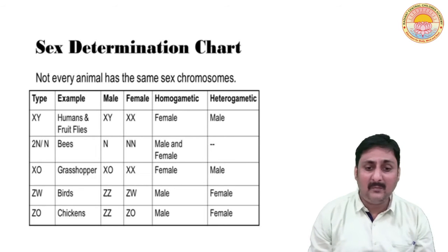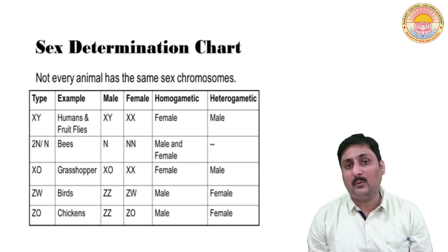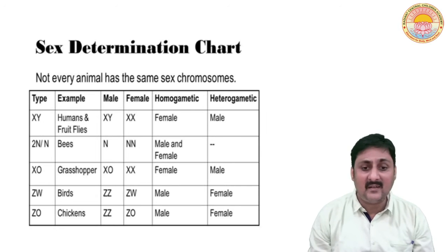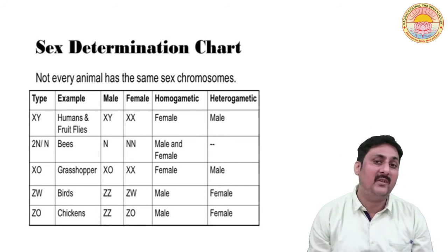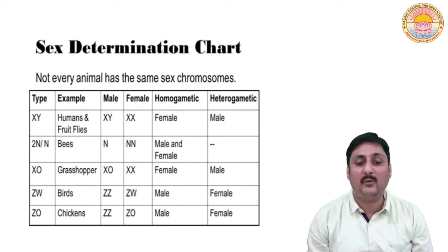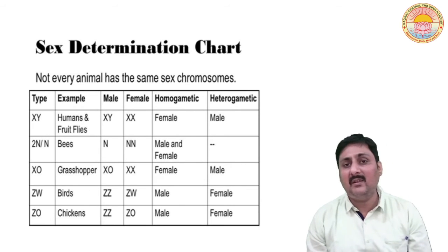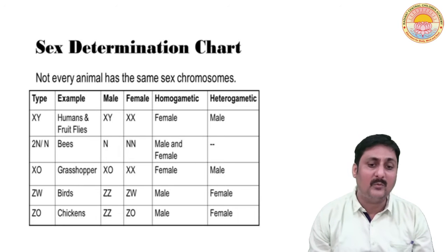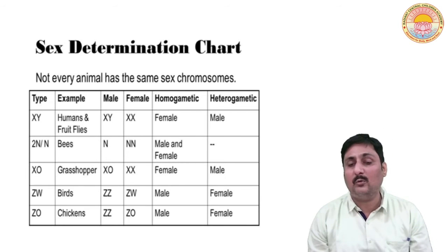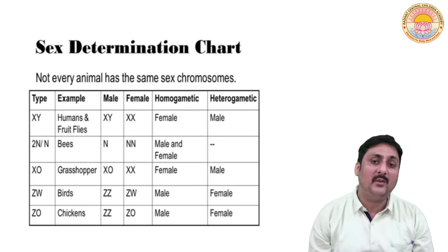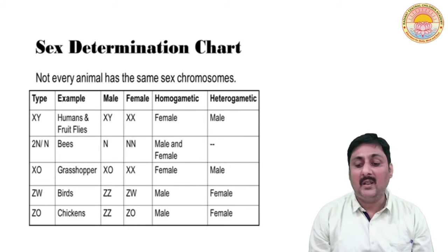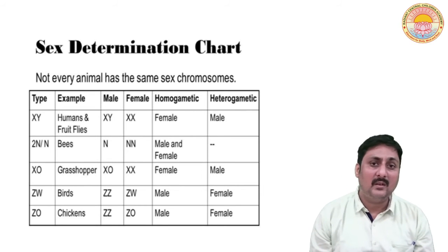But in females, there are two types of chromosomes, Z and W. So here the female decides the sex of the child, and that is called female heterogamety. In chickens also, the male has only ZZ chromosomes, while the female has Z and O, that is, one chromosome is absent. That is also a case of female heterogamety. Drosophila is another case of male heterogamety.